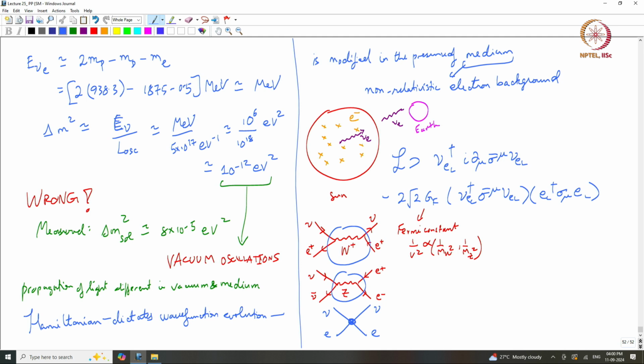Now, if I went to the non-relativistic limit, then I have to consider what happens to this operator. I want to consider what is the expectation value of that operator in the non-relativistic limit.